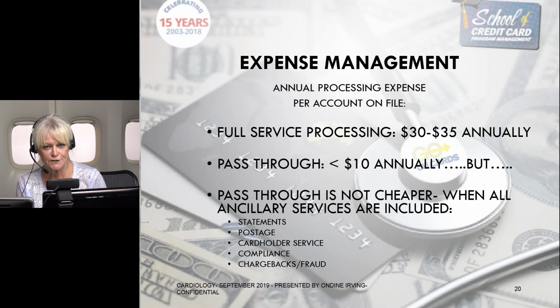So if you got a huge signing bonus way back to go with a certain processor, I can guarantee you are paying for that in either the authorization fee or the transaction posting fee. Those are the two most manipulated line items when it comes to adjusting contracts.